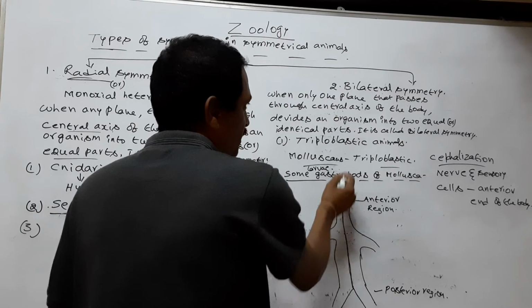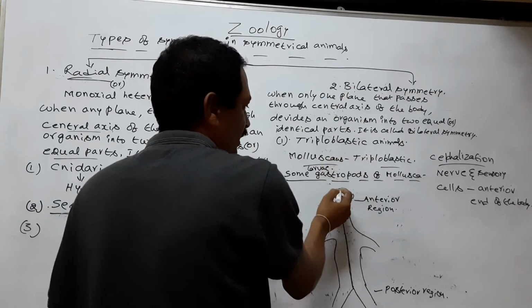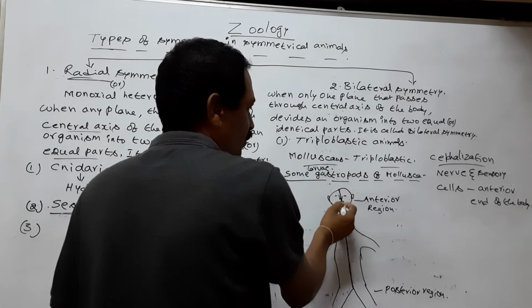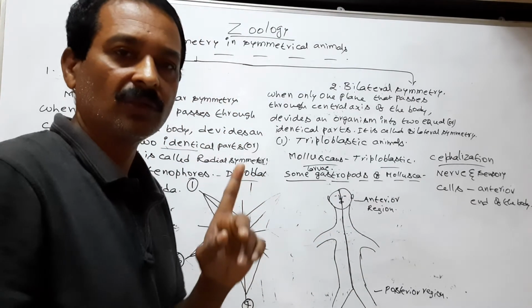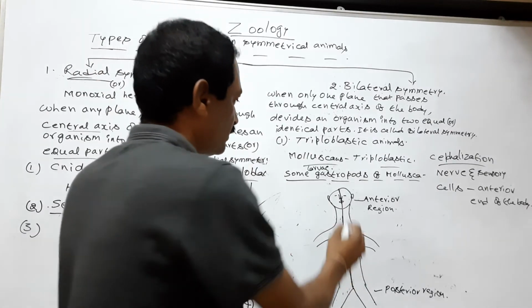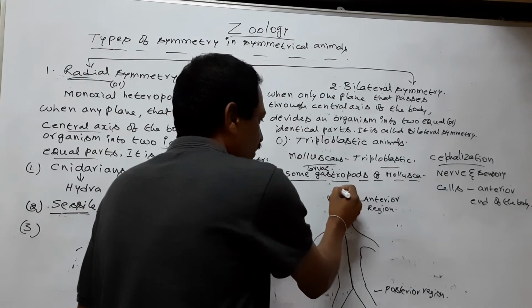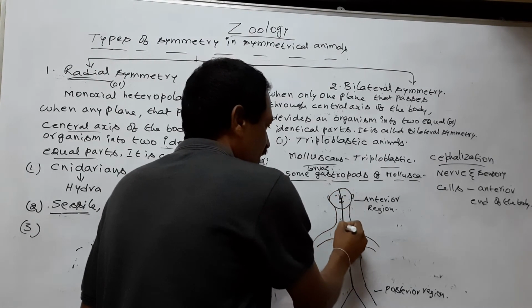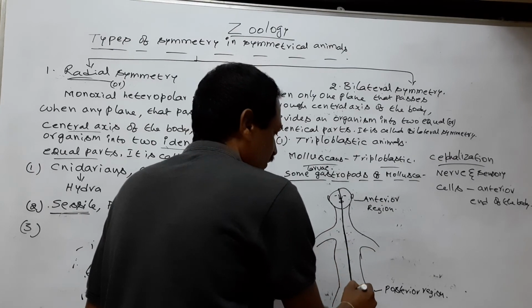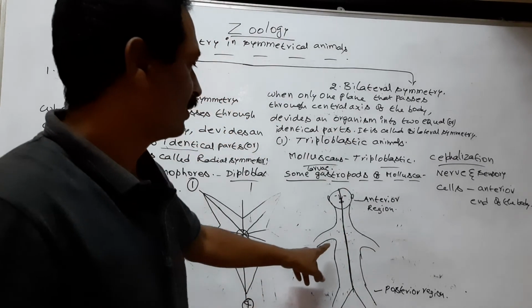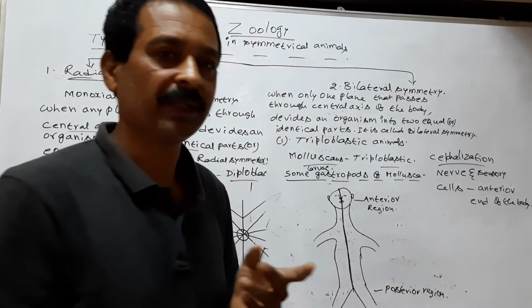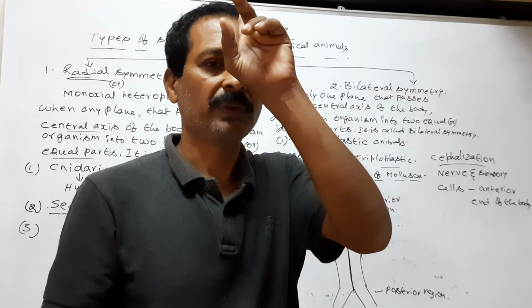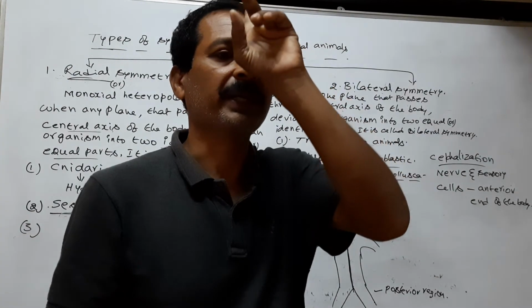The animals which show bilateral symmetry can be cut into two equal parts in only one plane that passes through the central axis of the body. For example, human beings can be cut into two equal parts in only one plane, this plane.